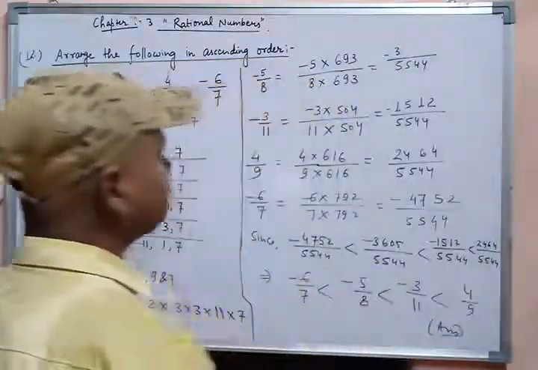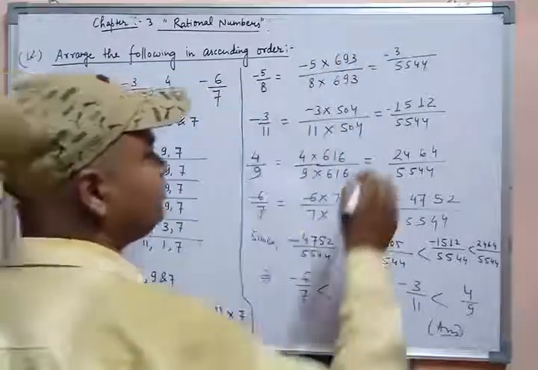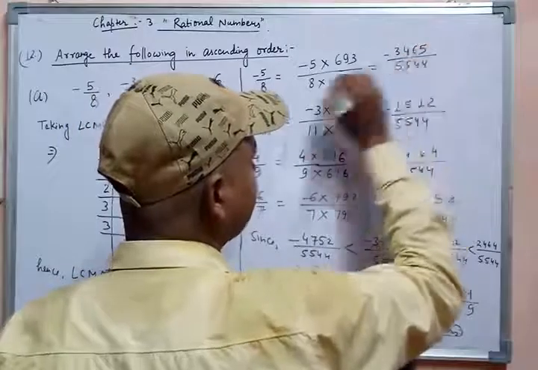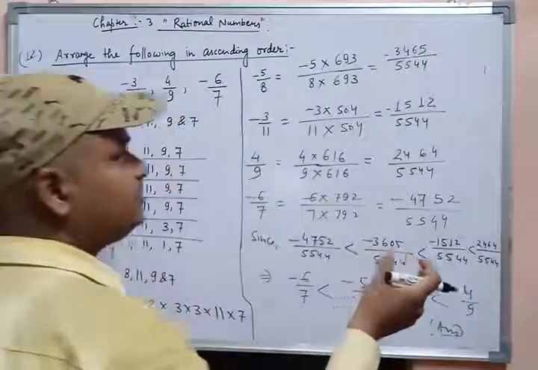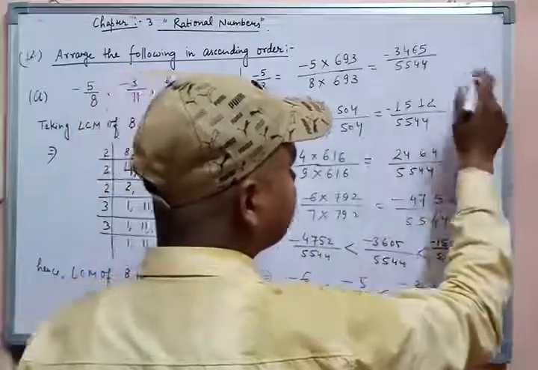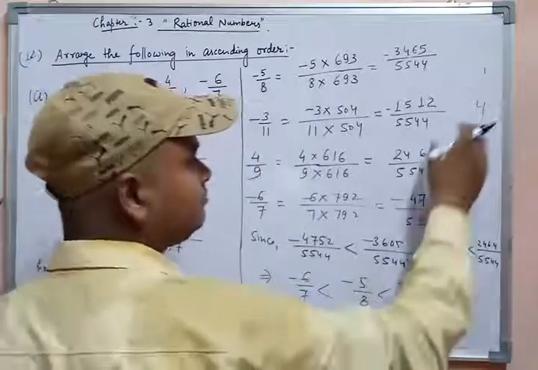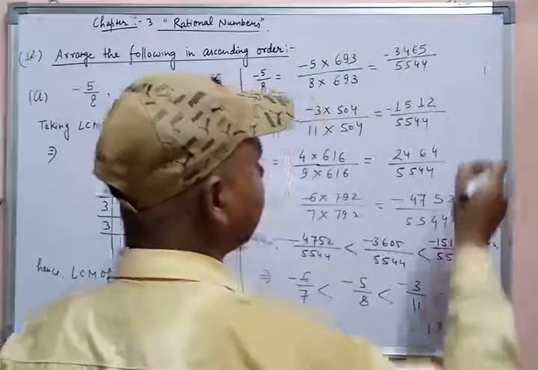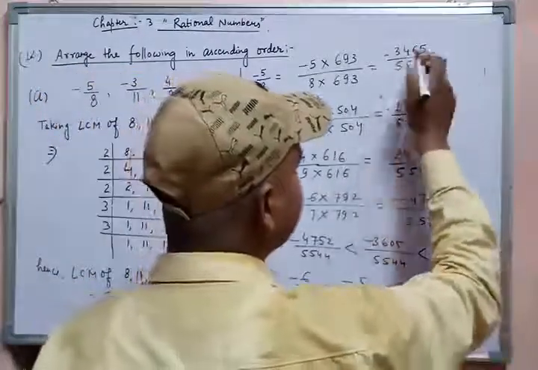Here if you multiply 693 by 5, then we will get 3465, because 5 3s are 15, 1 carry, 5 9s are 45, and 1 is 46, then 4 carry, and 5 6s are 30, and if you add 4 to 30 we get 34.